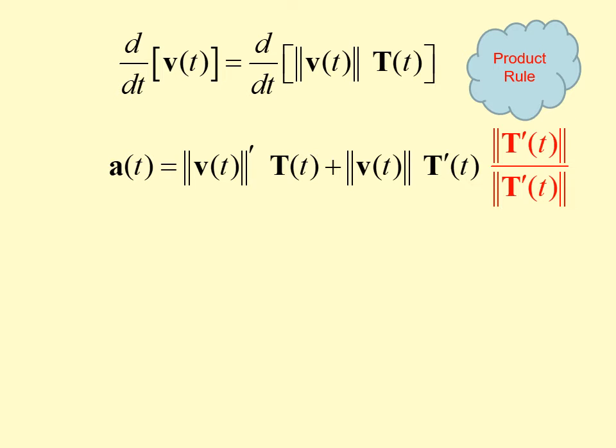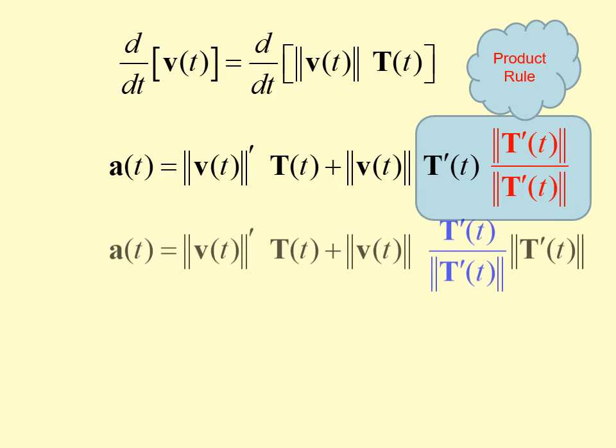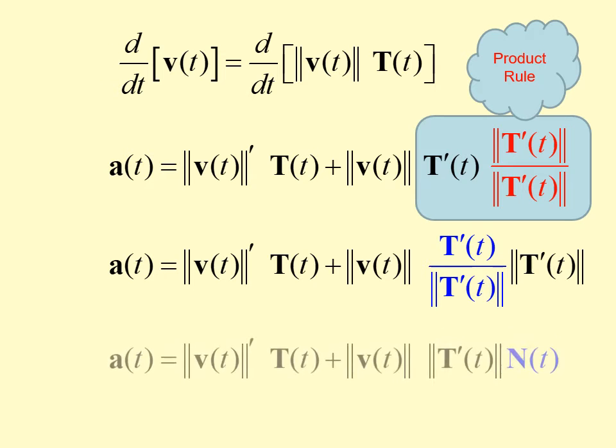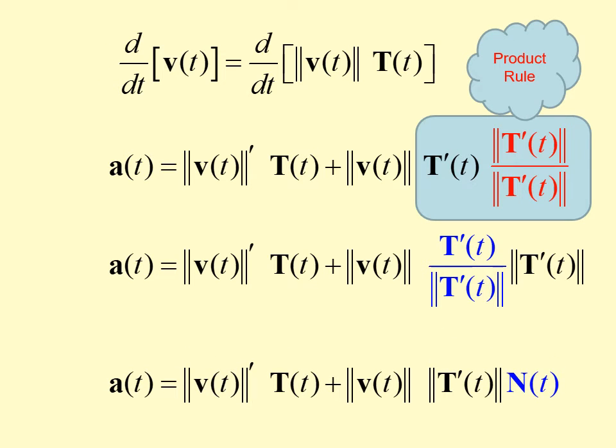We'll multiply top and bottom of the right-hand term by this quantity, basically so that we can rewrite this portion as T prime over the magnitude of T prime. Well, T prime over the magnitude of T prime is the definition of the unit normal vector, so we can replace that with just the N.